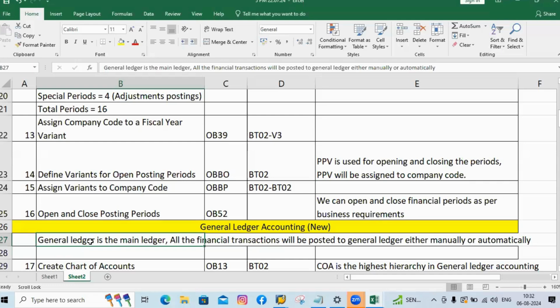Chart of accounts is the highest hierarchy in GL. Agreed, you are correct. But why? Because it is acting as an index for all the transactions, like the index of a book.